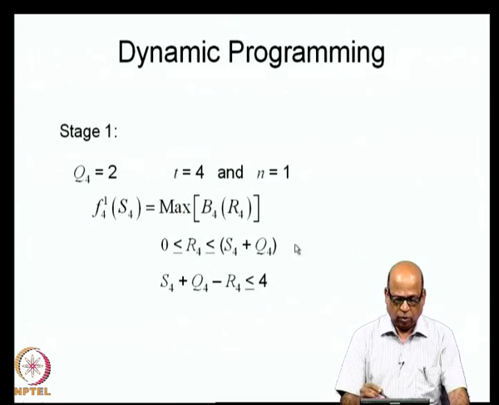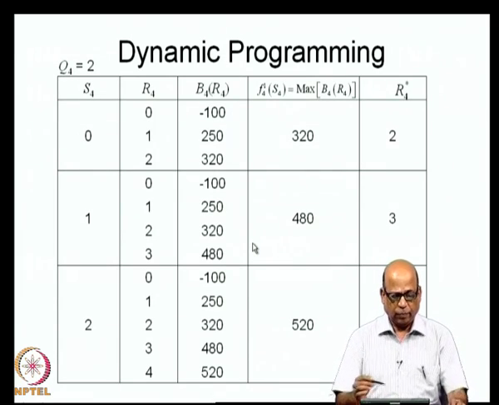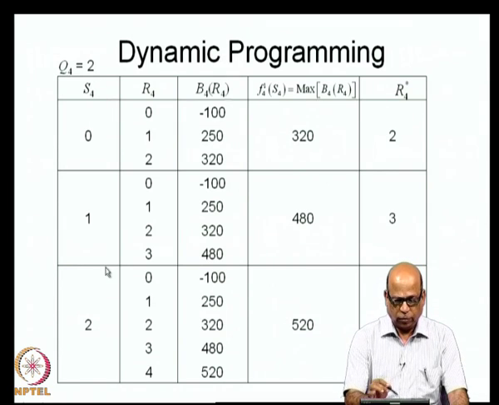Now, this is what we saw in the previous lecture. I encourage you to go to the previous lecture, where I have discussed at length the formulation of the dynamic programming. Then we also solved for stage number 1 in the previous lecture. Stage number 1 corresponds to time period 4, which means Q 4, which is given, is 2. We ask the question, if S 4 is equal to 0, what should be my R 4?